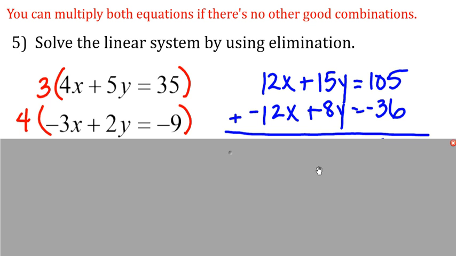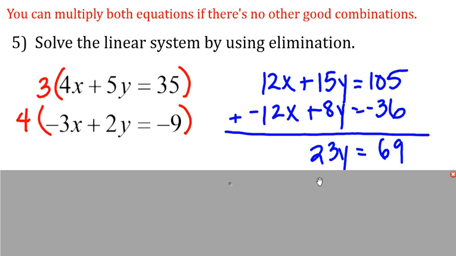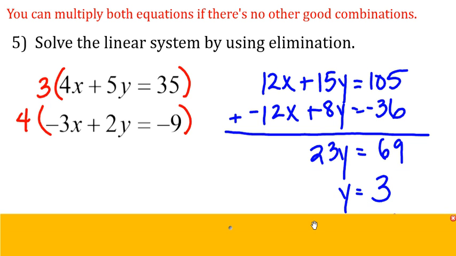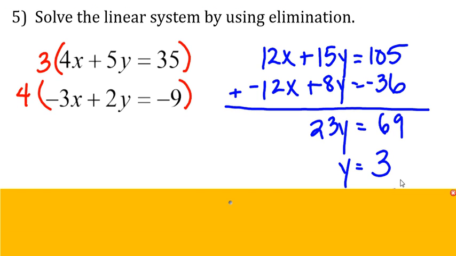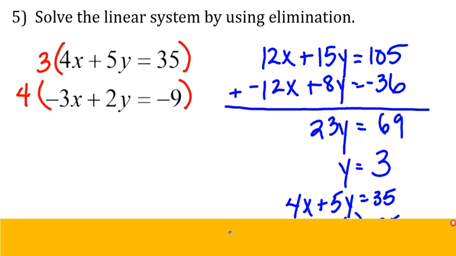So by adding the two equations together, I'll make this 0 with the x's, which is what I wanted. 15y and 8y would give me 23y, and a positive 105 and a negative 36 gives me 69. To get y alone, we could divide both sides by 23, so y equals 3. Now that I know the value for y, I could take it and substitute it into one of my equations and solve for x. So let's pick one equation. Let's go with the first one.